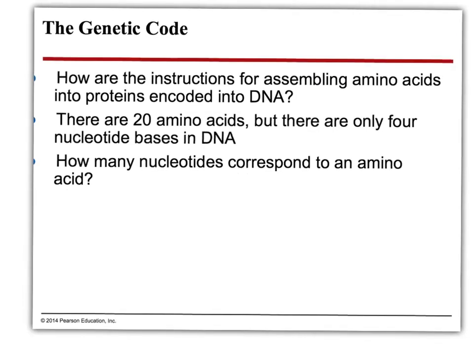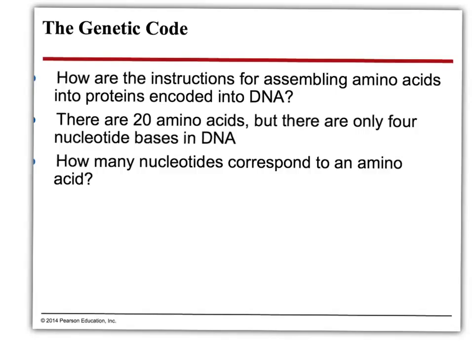The code itself is what we call a triplet code. There are at least 3 base pairs that are necessary to code for an amino acid, which will then be part of your proteins. So, the instructions for assembling amino acids are found along the letters of the RNA that is transcribed off the DNA that codes for the gene.